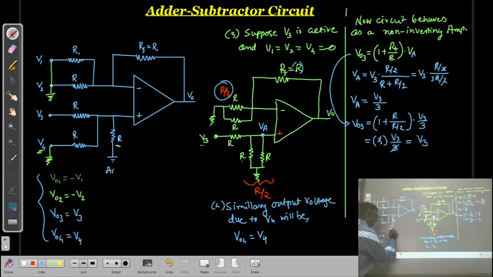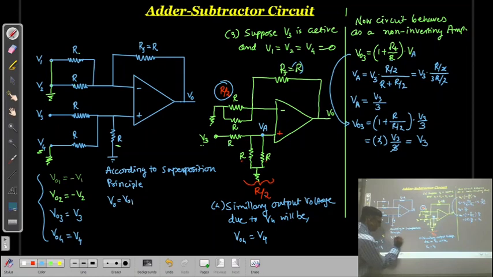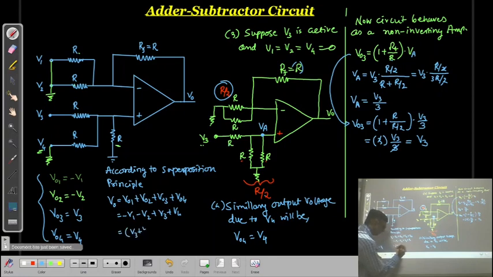So here we can write, according to the superposition principle, the output voltage is equal to VO1 plus VO2 plus VO3 plus VO4, and that is equal to minus V1 minus V2 plus V3 plus V4, or we can write this as V3 plus V4 minus V1 plus V2.